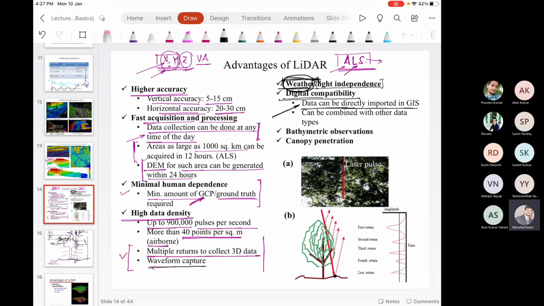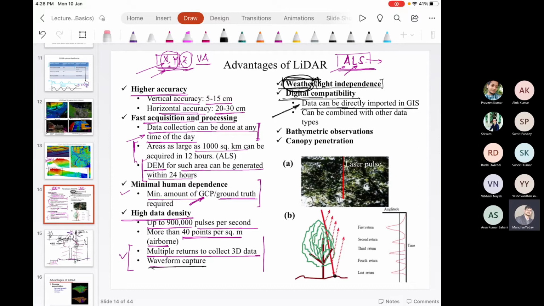Like, let's say from the LiDAR point cloud data you extract the road. That road is already in the WGS84 coordinate system, the road points. And if you generate a KML file and import it within Google Earth, it will exactly match with the road pixels in the Google Earth imagery. This is the meaning of digital compatibility.